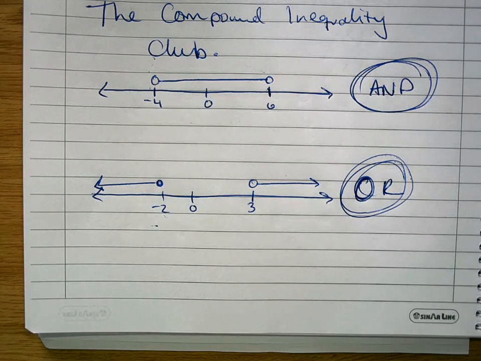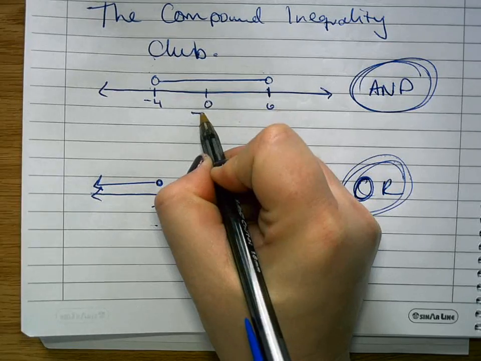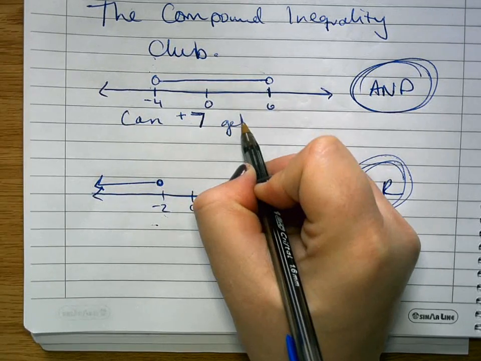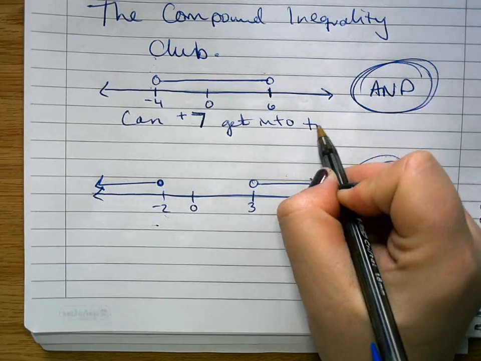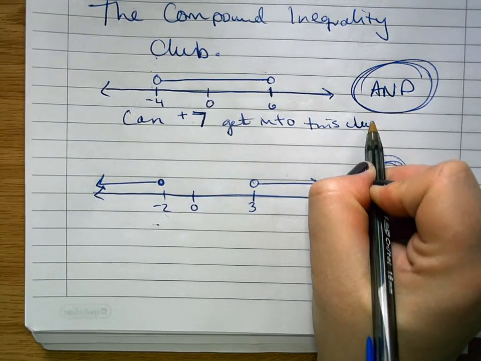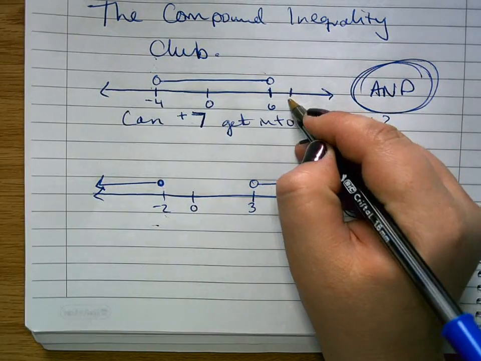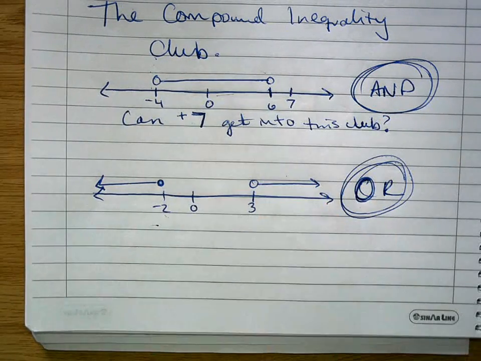So let's say you are the number, I don't know, +7. Can +7 get into this club? I hope that you answered no, because you can see that +7 is outside of this range.